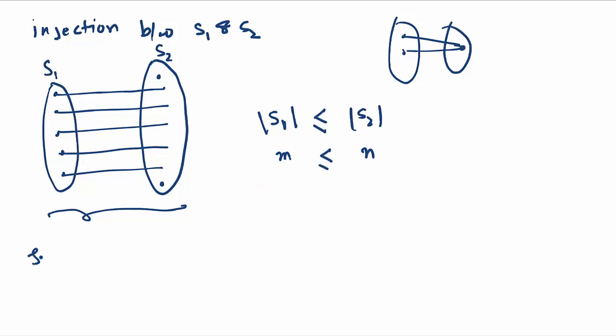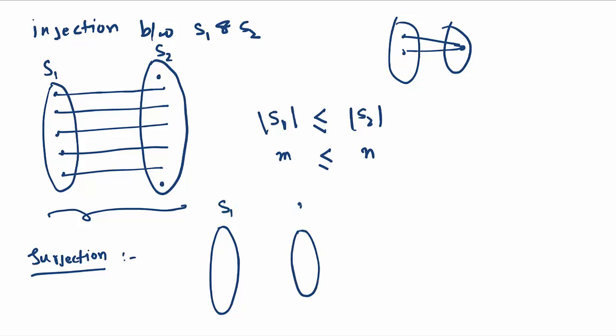And what about surjection? In surjection, we say that no element of S2 should be left out. Let's suppose this is S1 having m elements and this is S2 having n elements, then every element of S2 should relate to some element in S1.